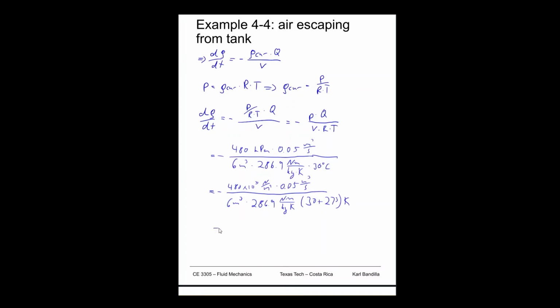Then we can see the Newton cancels out, the Kelvin cancels out. We have a kilogram down here, so we flip it up. We have square meters and cubic meters, so there's a meter up on top, and we're dividing it by the fourth, so we'll have kilogram per cubic meter. So we come out exactly with what we want.